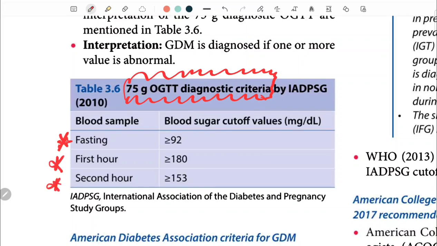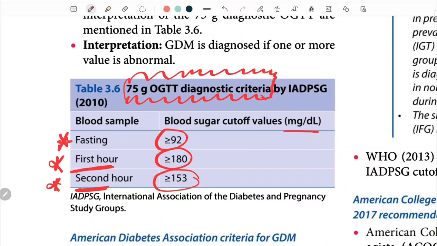For the fasting blood sample, the cutoff is greater than or equal to 92 mg per dL. For the first hour sample, the blood sugar is more than or equal to 180 mg per dL, and for the second hour, more than or equal to 153 mg per dL.